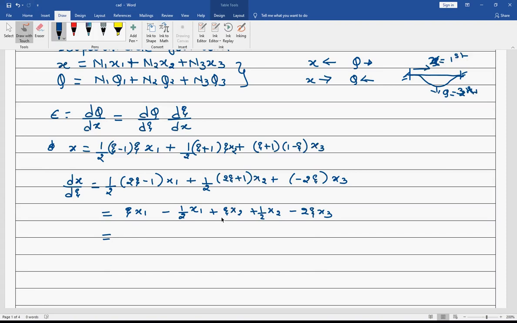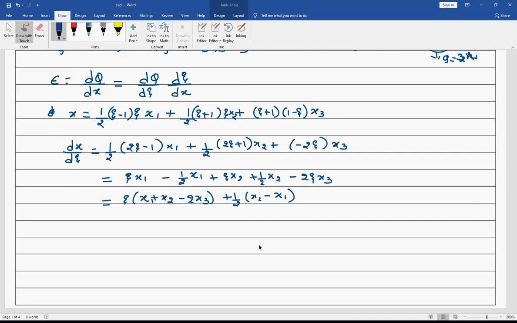I take xi common: xi times (x1 plus x2 minus 2 times x3), and then I have plus 1 by 2 (x2 minus x1). Fine. So now try to evaluate this.